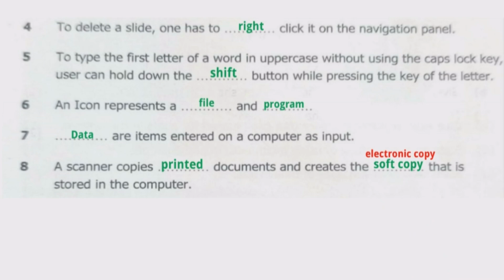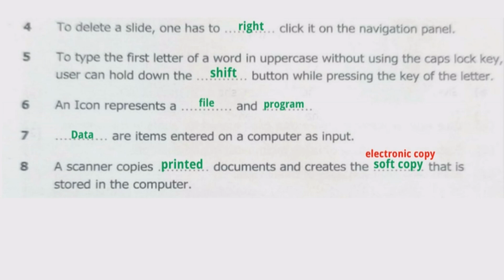You can put electronic copy there, and the answer will be correct. For me, I would even accept if someone says a scanner copies hard copy documents and creates the soft copy that is stored in the computer.